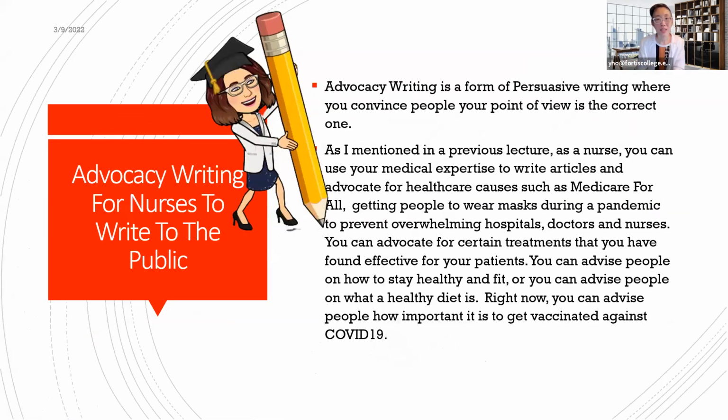And then advocacy writing. Advocacy writing is similar to writing for social justice. In other words, social justice on medical issues that concern nurses. So this is advocacy writing, that if you were to write for the public and you were to advocate that nurses should have shorter hours, or that sort of thing.